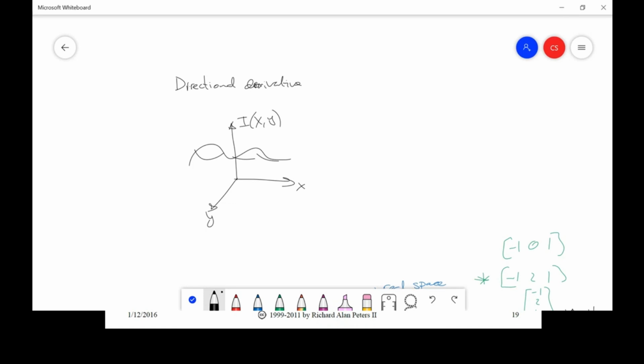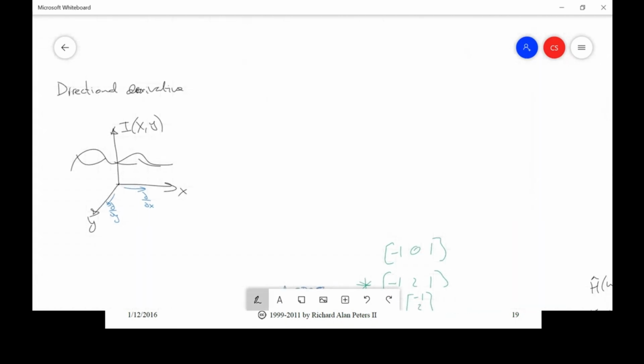We know how to compute derivatives in this direction that are partial of x. We know how to compute derivatives in this direction. Let us look from the top. So if we look at from the top in this graph, it would look like this. So this would be y, this is x, and then we have some shape on it.